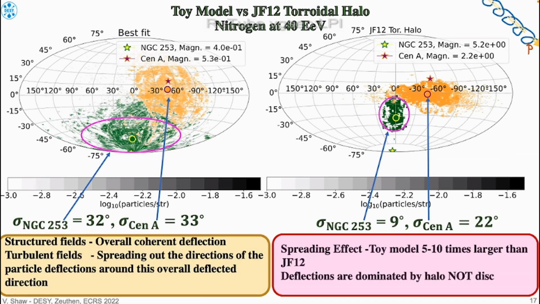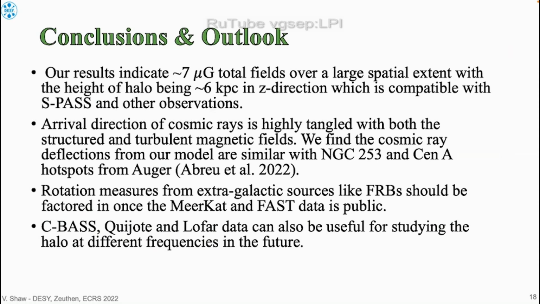That being said, I'm close to my conclusion. What we find from our synchrotron calculations is that the best fit value for the total magnetic field strength was roughly around 7 microgauss. And the spatial extent for the halo height was roughly 6 kiloparsecs, which is also what other observations suggest.